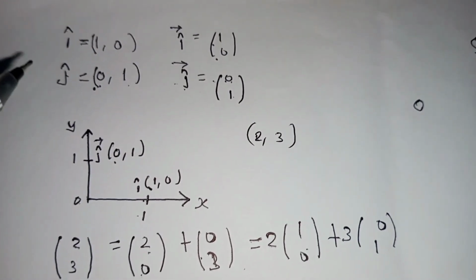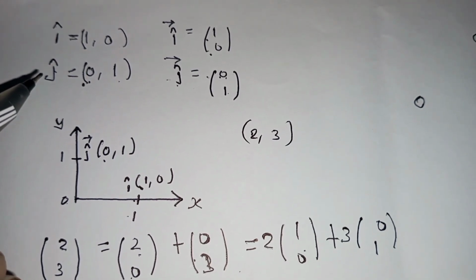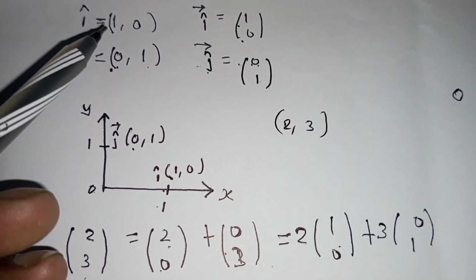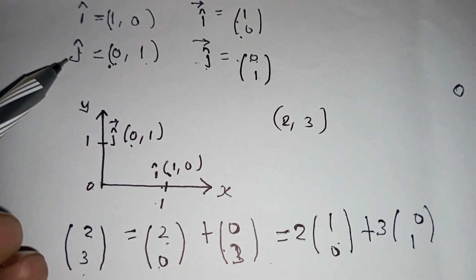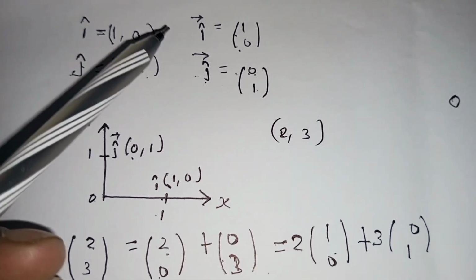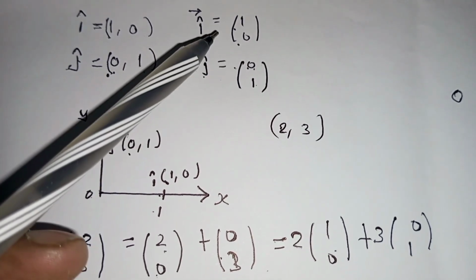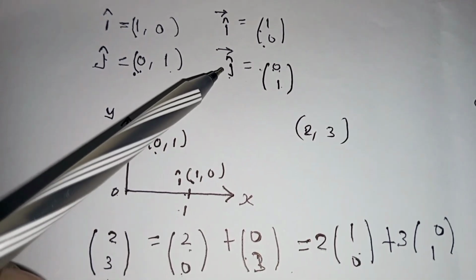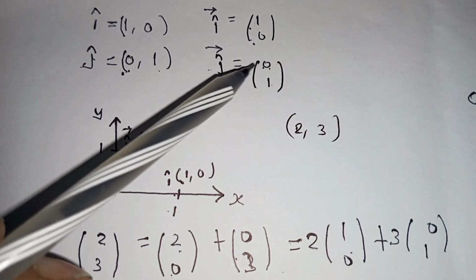In the Cartesian plane, unit vector i has component (1, 0), and vector j has component (0, 1). As column vectors, i is (1, 0) and j is (0, 1).